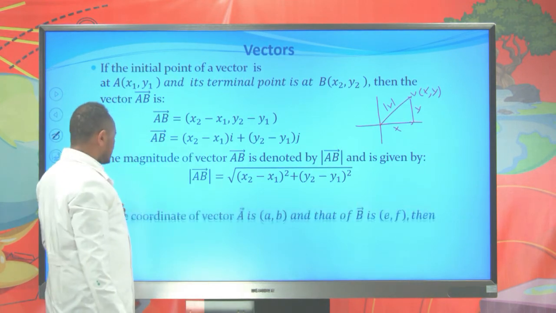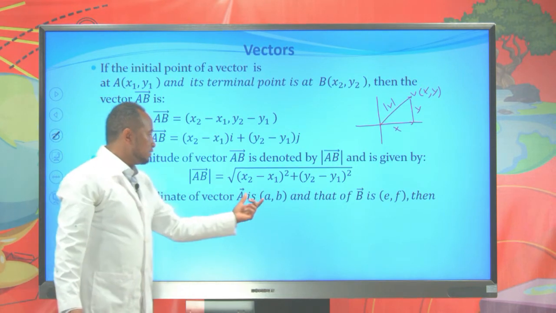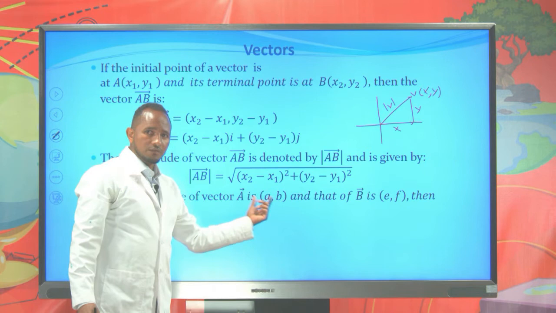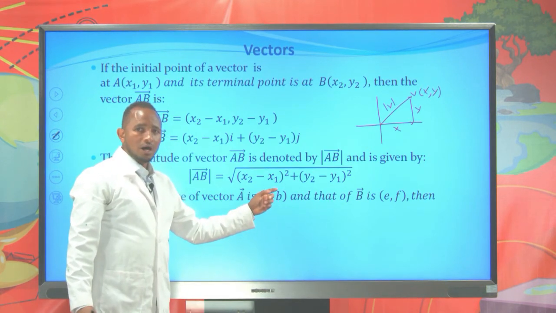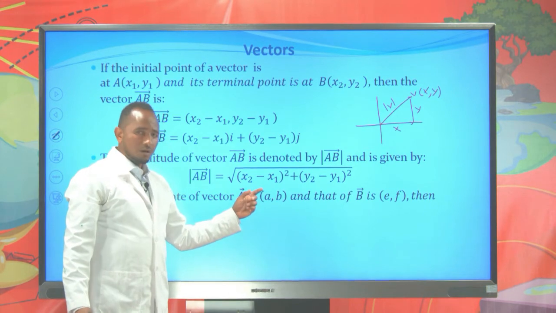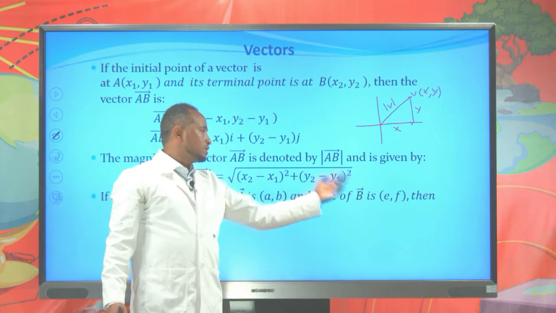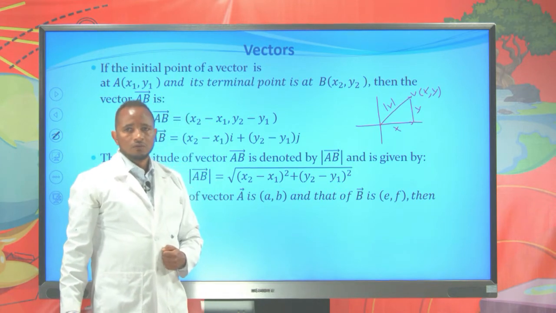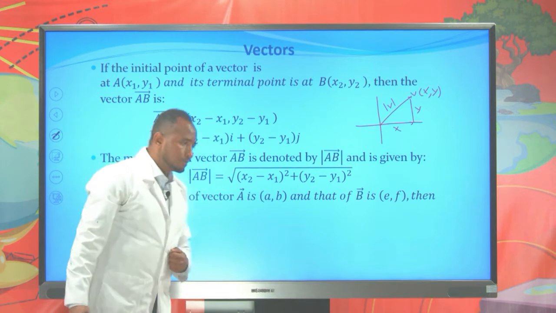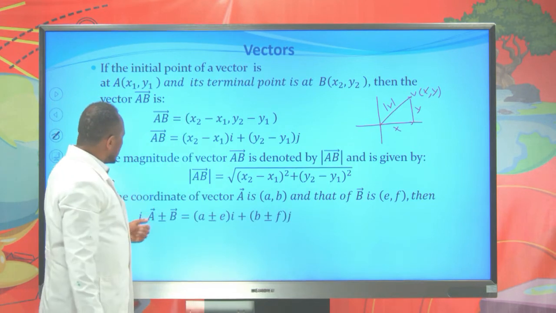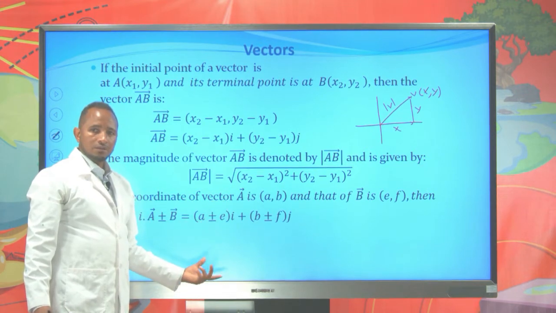Now, next, suppose vector A is given as a in the i plus b in the j, and vector B is given as e in the i plus f in the j. Then the sum and the difference of these two vectors is given by this form.